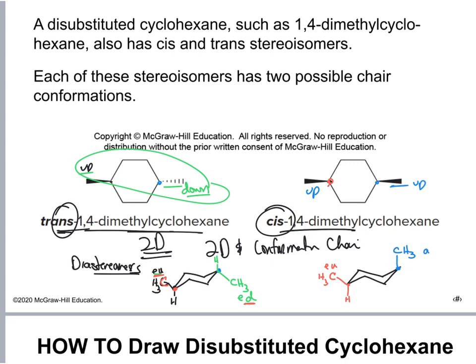So this is axial up. So which one's more stable? Well, this is an axial and an equatorial. These are both equatorial, or no, yeah, equatorial, equatorial. So this one, this compound, is more stable. It has lower energy because both substituents get to be in the equatorial position.